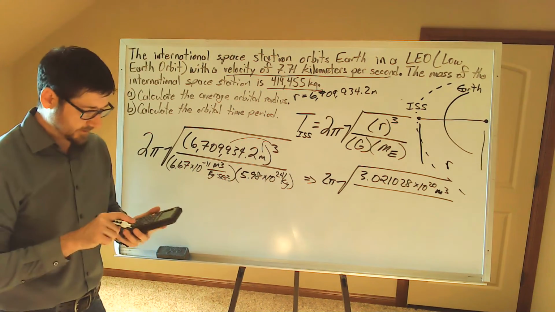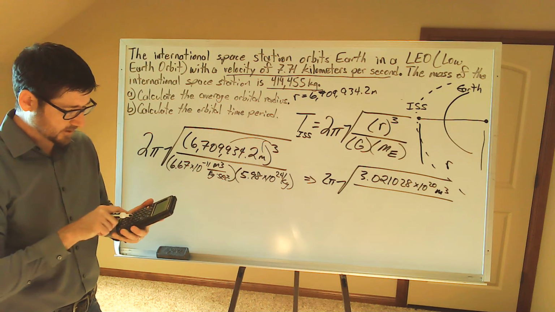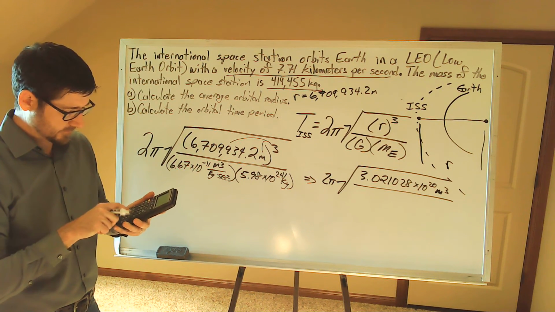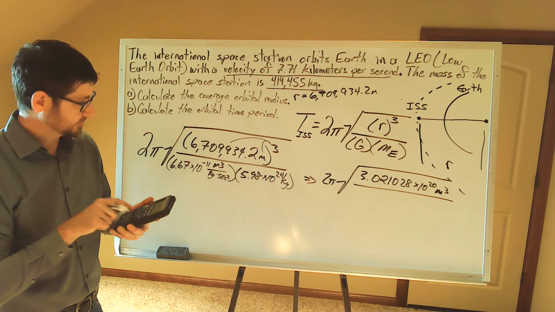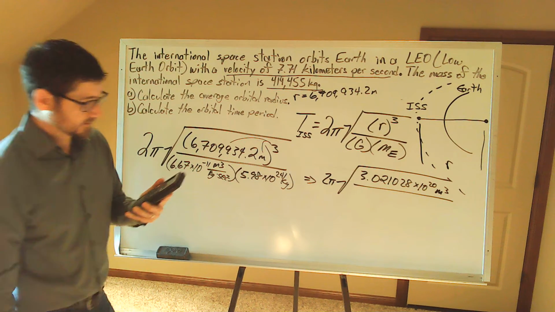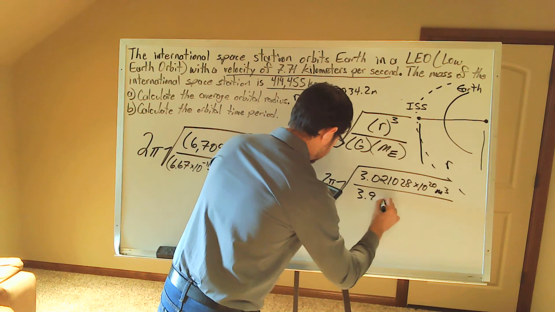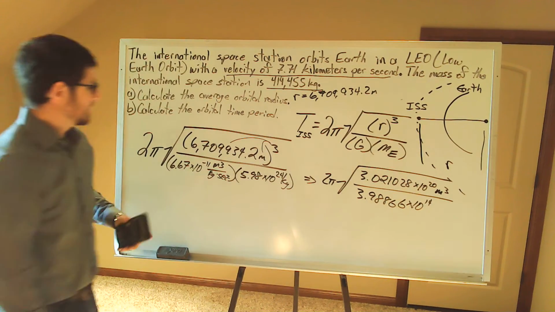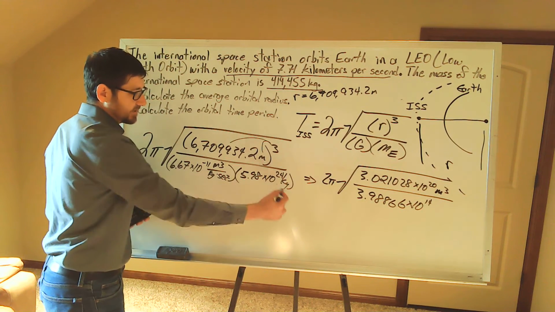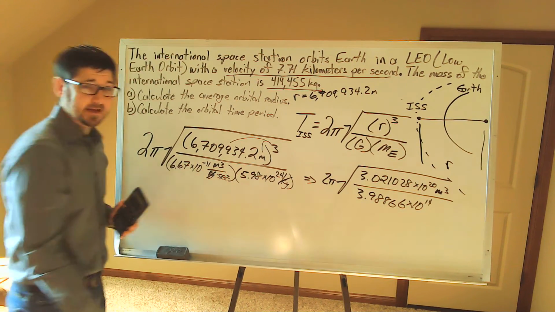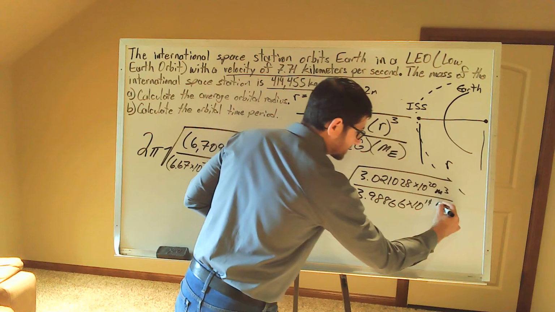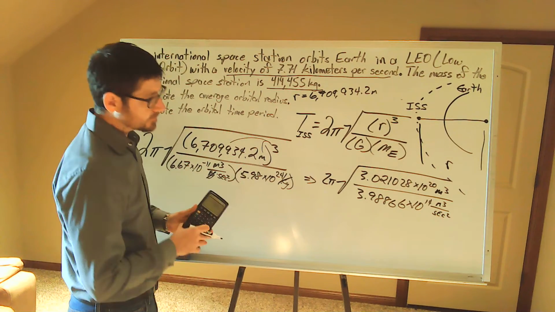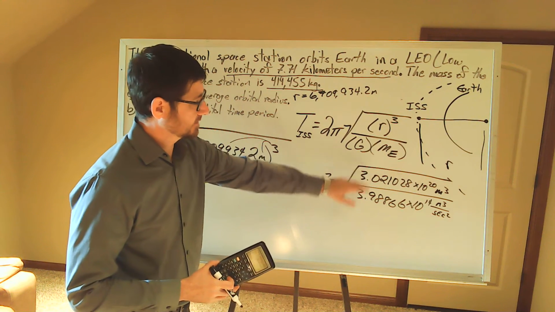In my denominator here, our universal gravitational constant multiplied by the mass of the Earth, and then just like the previous problem, our units of kilograms will cancel out, and this gives me meters cubed per second squared.